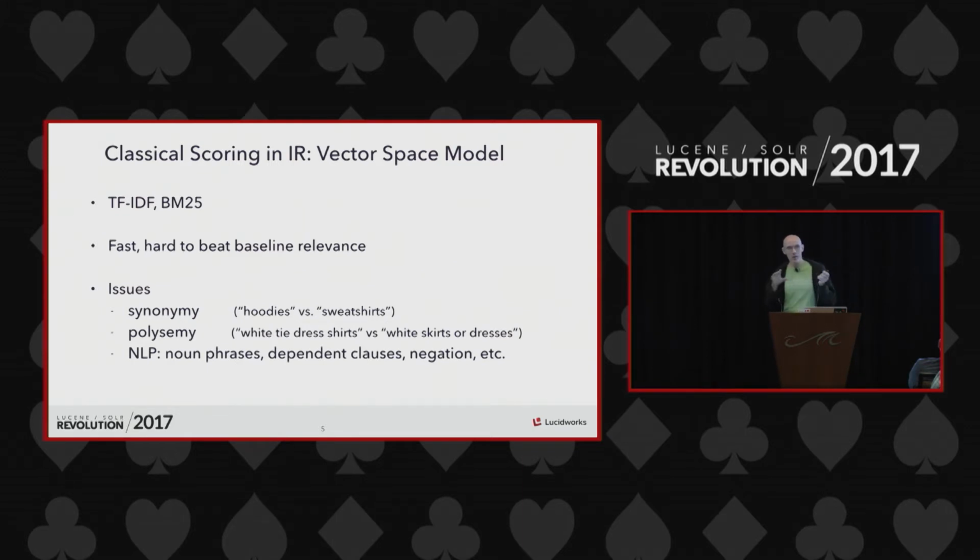So moving beyond the traditional vector space model of sparse vector dot products, people started to say, okay, let's try to find a vector space model that doesn't consider hoodies to be completely different than sweatshirts.